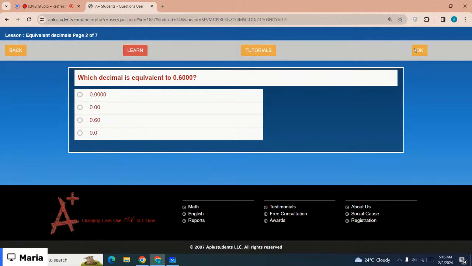Yes, that is 0.60 because the rest of the numbers are 0, right? So that is 0.60. Very good.